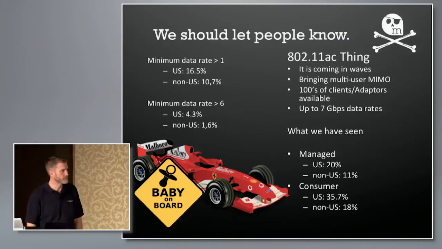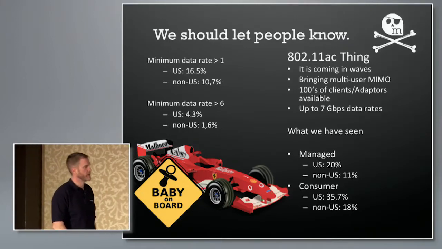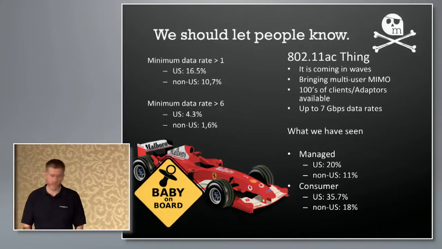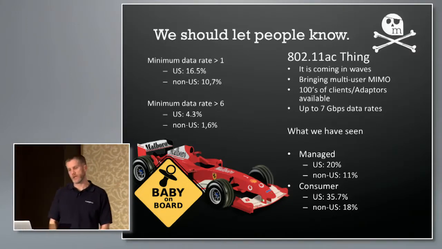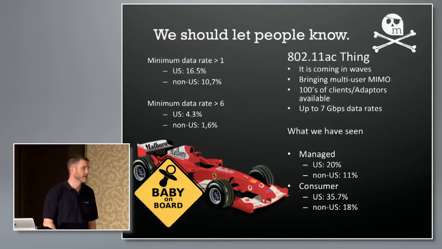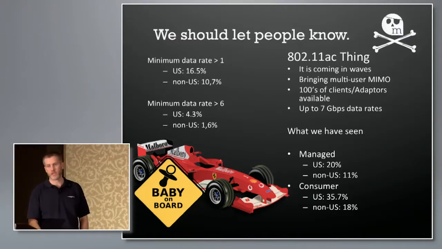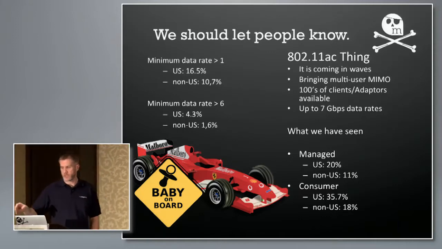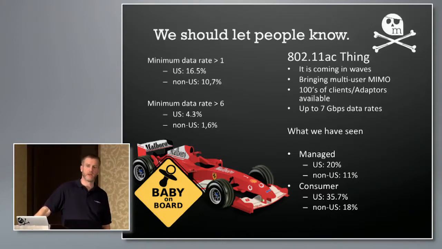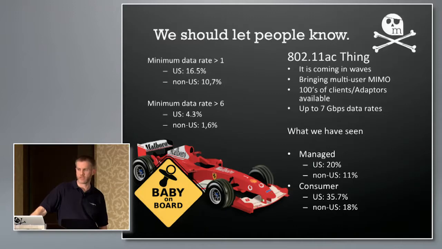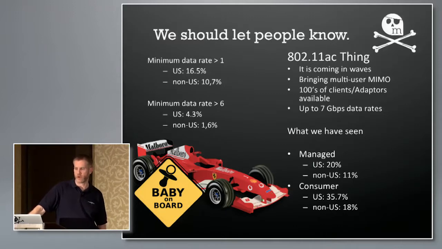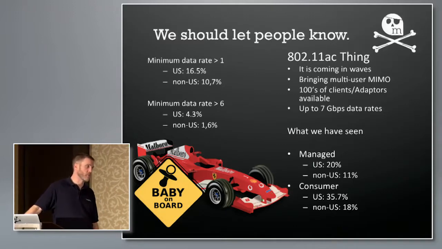That's pretty rough. So the AC thing is coming in waves. It gives you high throughput, allowing you to get to 7 gigabits per second rates. There are hundreds of clients, and each new client seems to have AC support at minimum, as do most routers you get for your home. So what does it look like from what we've seen?